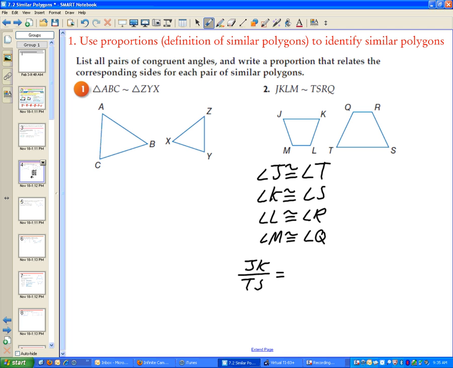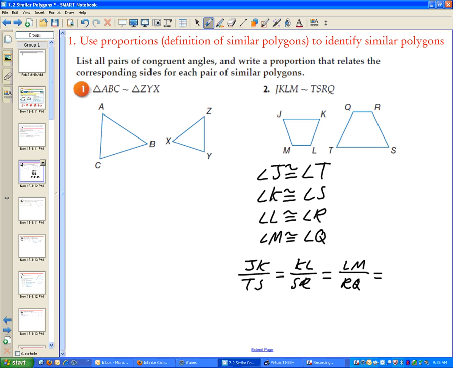Well, what is the next pair of corresponding sides? Well, how about KL and SR? What does LM correspond to?